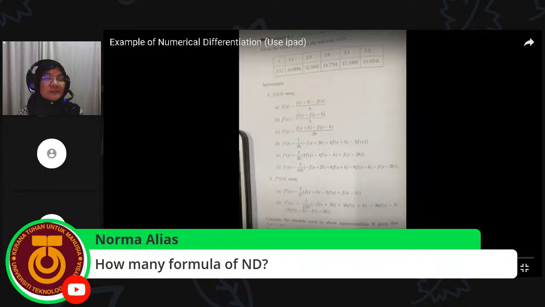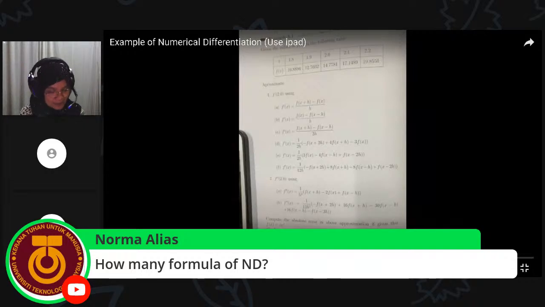How many numerical differentiation formulas have you learned until now? The first is the first order derivative. You have the center, backward, forward, and also the 3-point backward formula, so you have 4 formulas for the first order derivative.